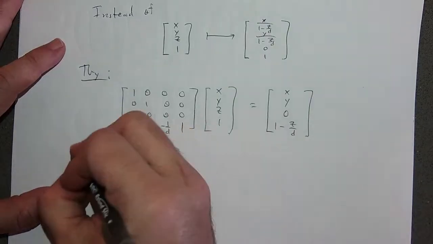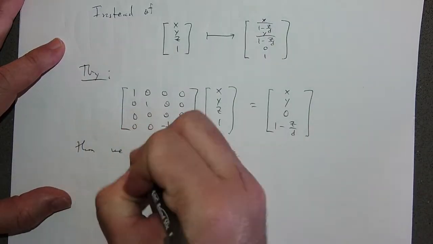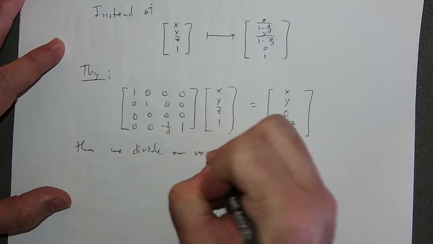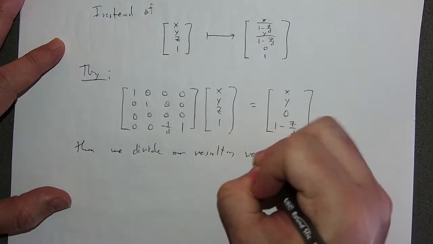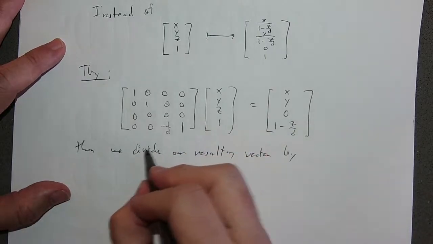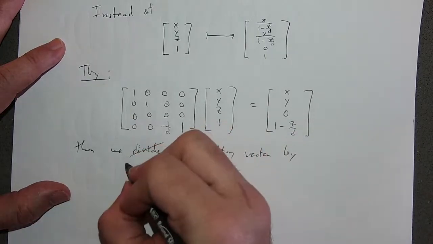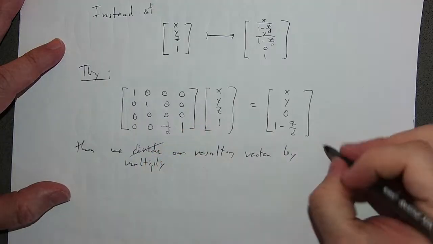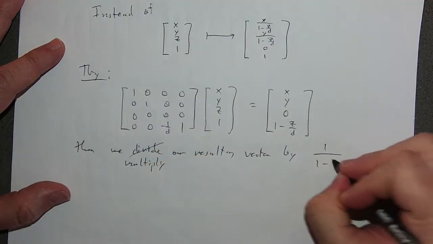Then we divide our resulting vector by, or here, if you don't like that, we multiply our resulting vector by 1 over 1 minus z over d.